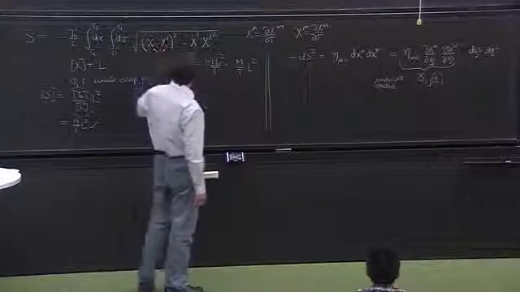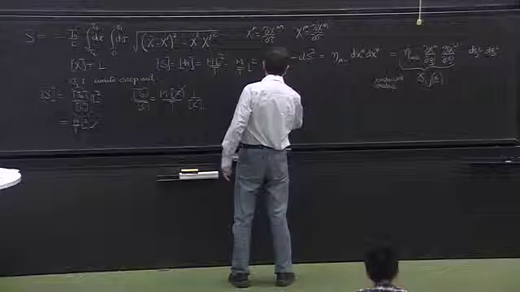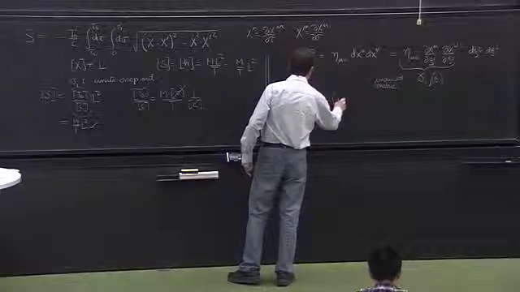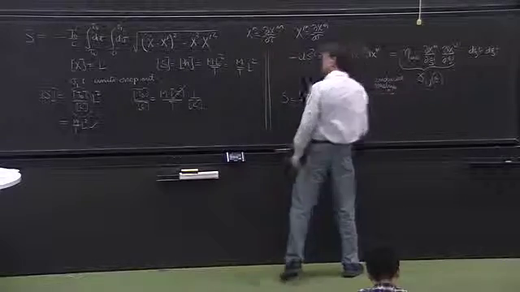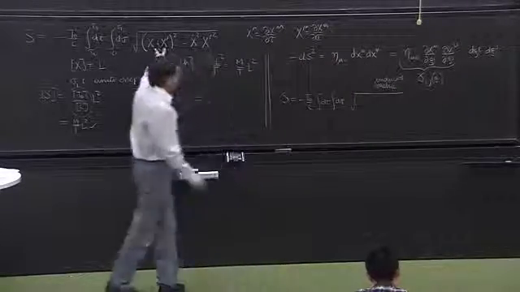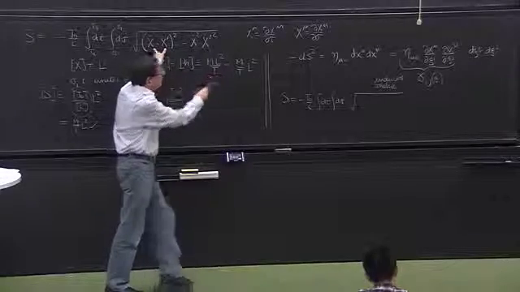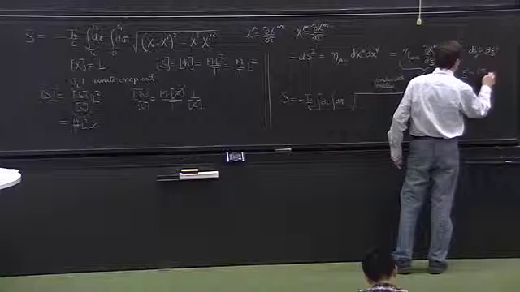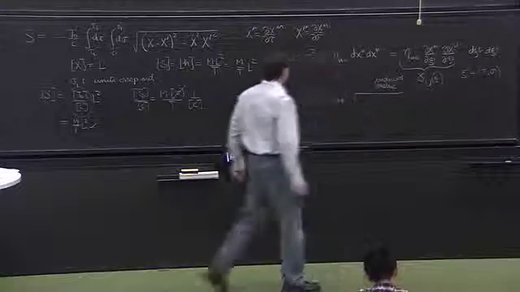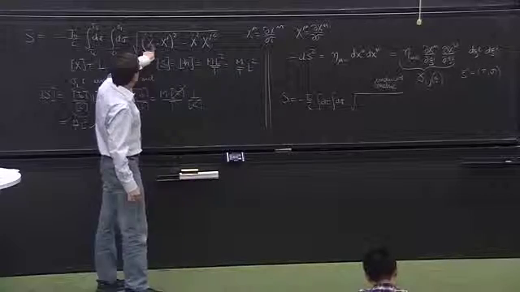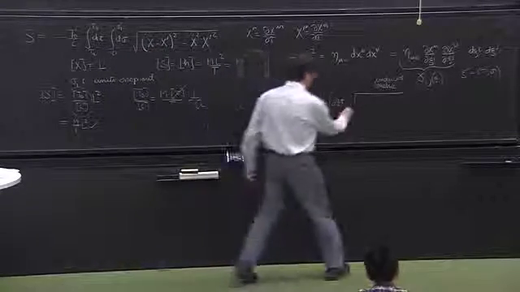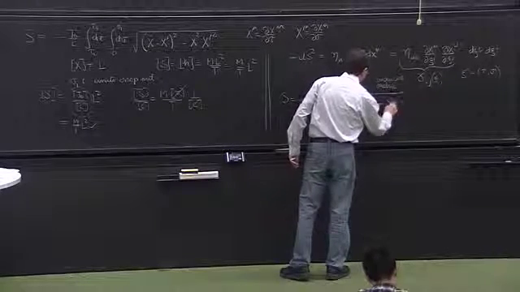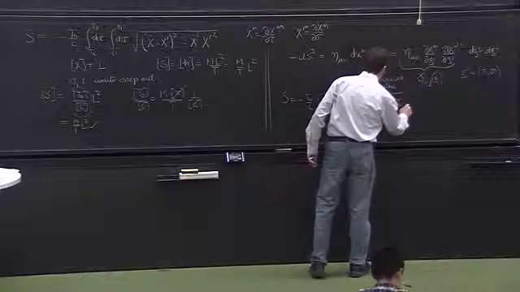And you can see that this Nambu-Goto action is minus T naught over c integral d tau d sigma square root of this term in the gamma i's. Remember, the psi i's are tau and sigma. So this is gamma 1 2 squared minus gamma 1 1 gamma 2 2.